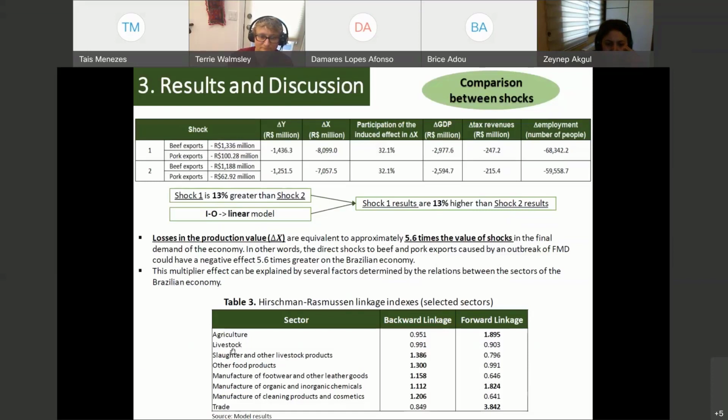And among the sectors in Table 3, the sector of slaughter and other livestock products, one of the most affected by the shocks, stands out for its high rate of backward connection, which may indicate that in the event of a shock, the sector significantly affects the sectors from which it demands inputs.